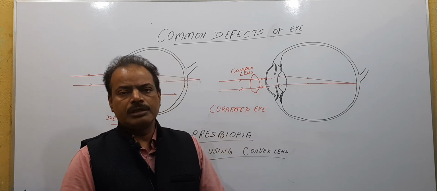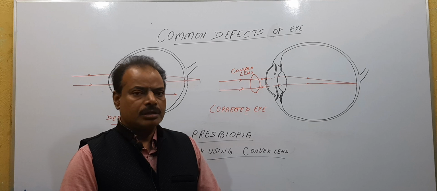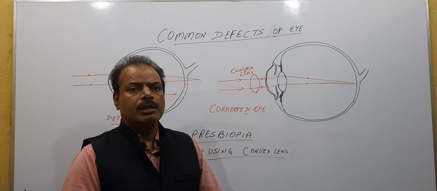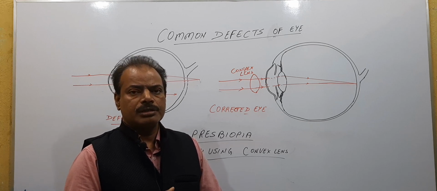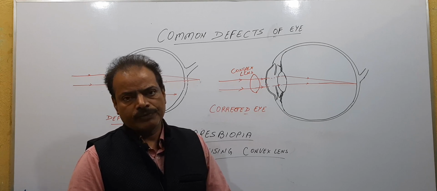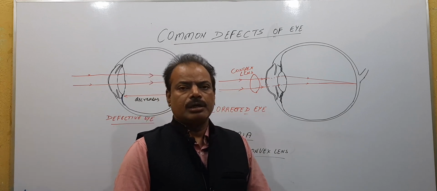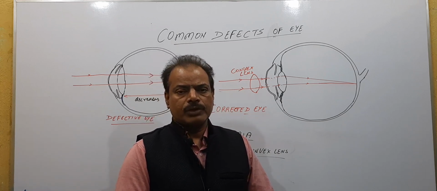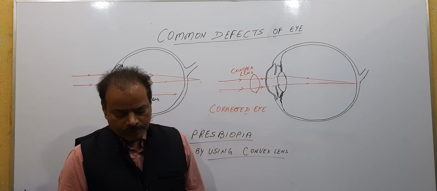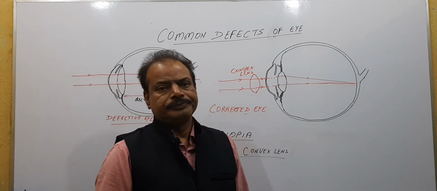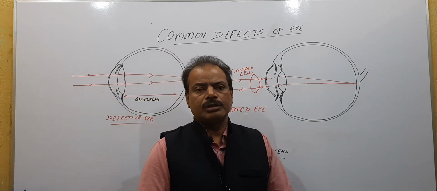When vitamin A is deficient in the body, the person's eye can't see at night or in dim light because rhodopsin cannot regenerate in sufficient amount. So in this way, these are the common eye defects, and we can cure all these.